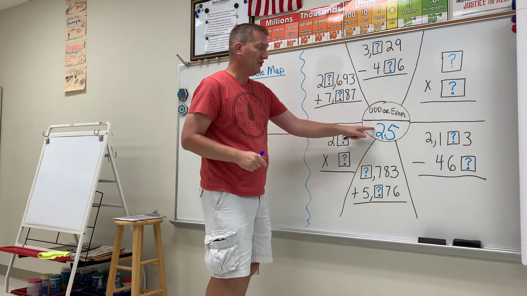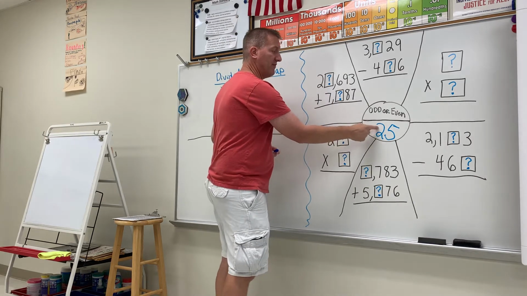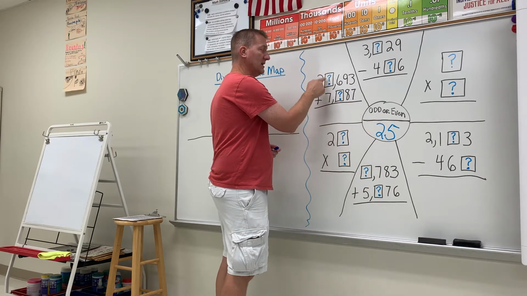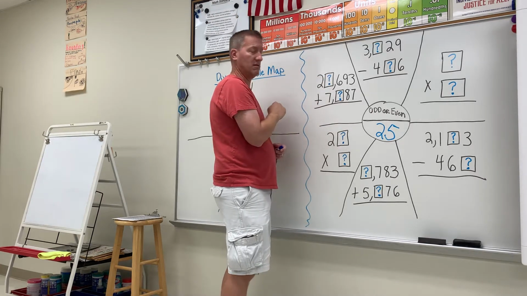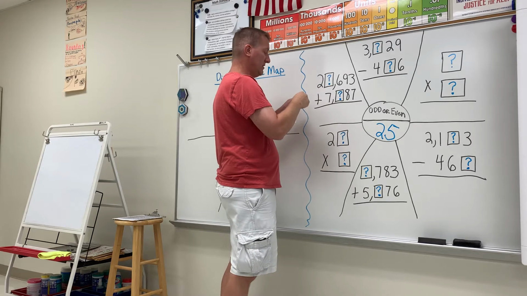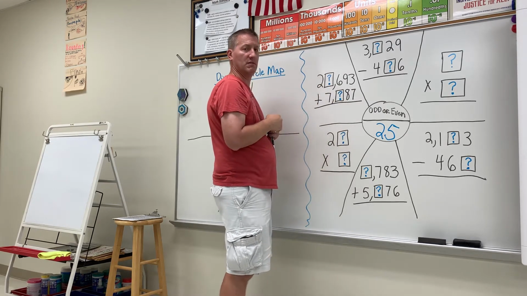And you're going to take this 25 and put the first digit, the 2, in the first question mark up here. So you're going to put a 2 in here, and you're going to put the 5 in the second one.